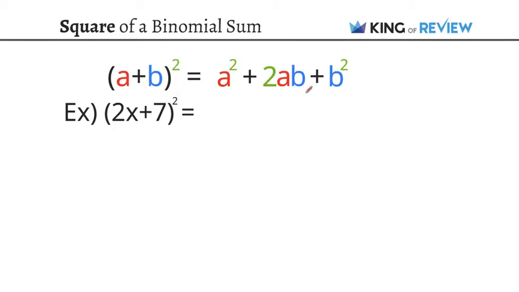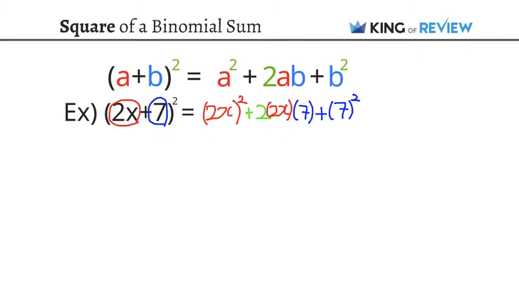As shown above, this is equal to the first one squared, 2x squared, plus the last one squared, and then lastly plus 2 times the first one, that is 2x, times the last one.